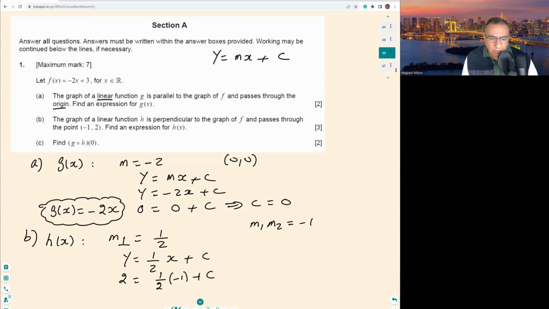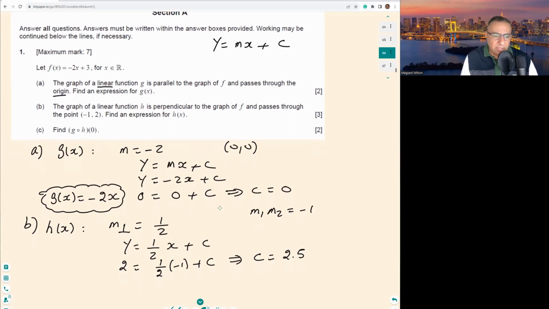So c is going to be 2.5, because you can bring the -1/2 to the other side with a positive sign. It's 2 1/2, or 2.5, or 5/2, whatever, all works.